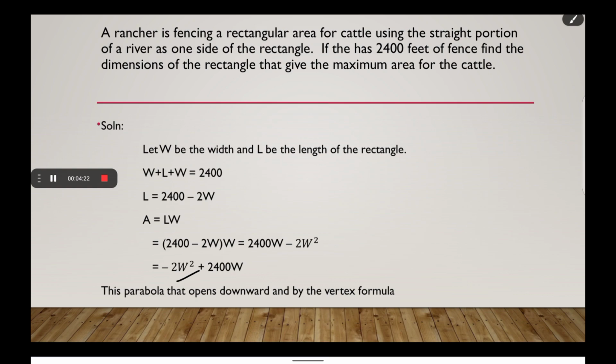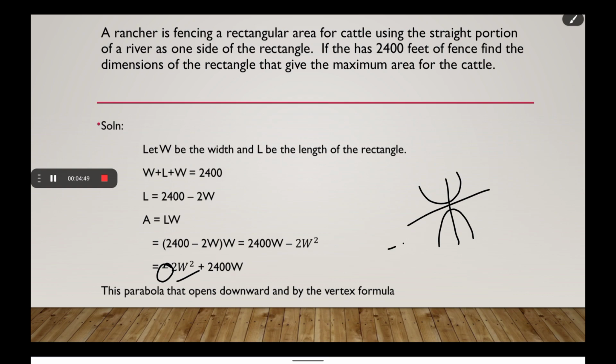Now listen carefully: this is a minus symbol. If the quadratic equation has a minus symbol, then the parabola opens downward. If it is positive, it opens upward. So this parabola opens downwards.